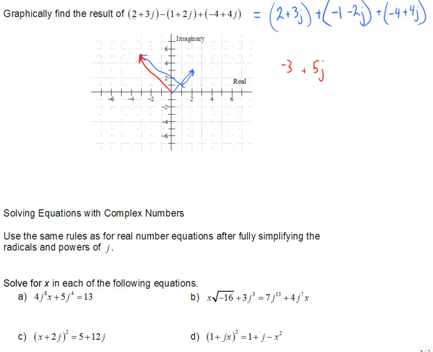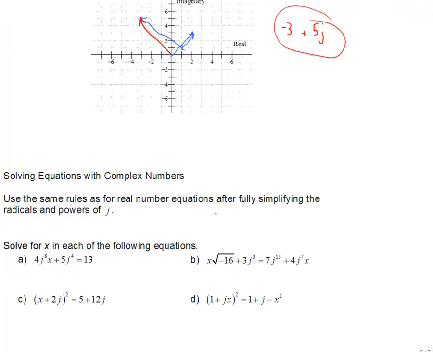And if we quickly do this, we have 2 minus 1 is 1, plus -4 is -3. 3 minus 2 is 1j, plus 4 is 5j, so the answer is correct algebraically and graphically.